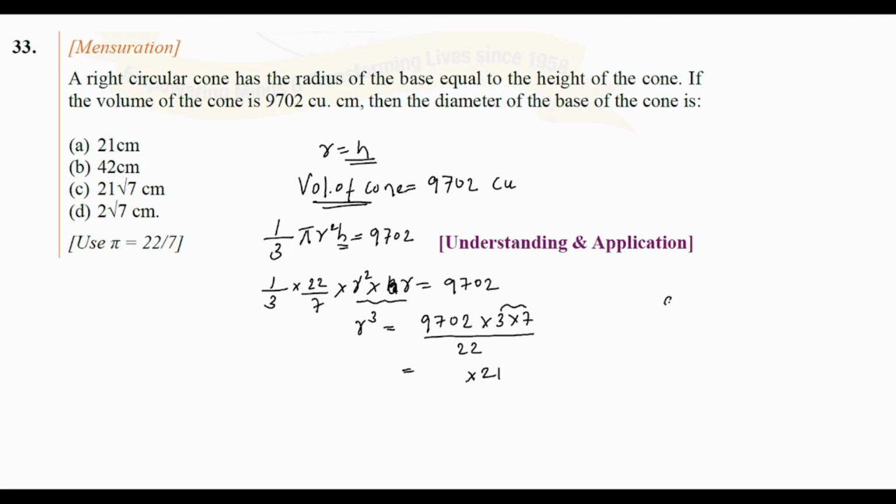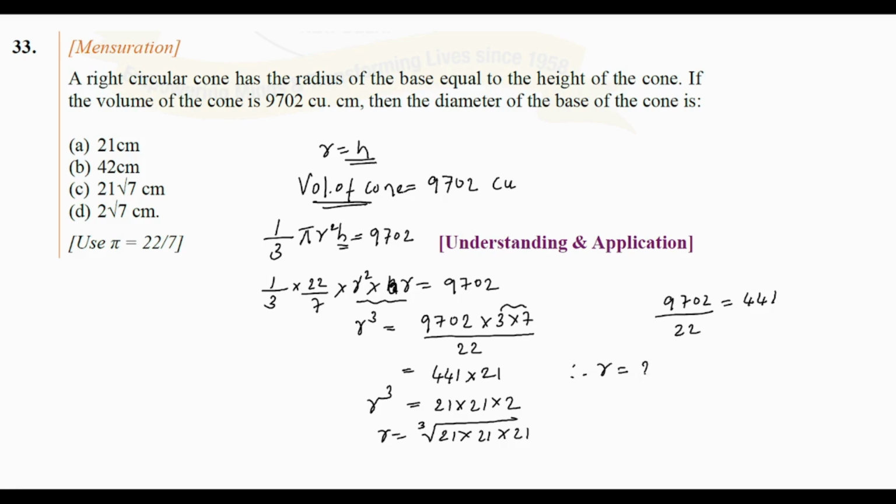When I divide 9702 by 22, I get 441. You must know that 441 is 21 square. So 21 into 21 into 21 becomes r cube. So r is equal to the cube root of 21 into 21 into 21. So r is equal to 21 units.